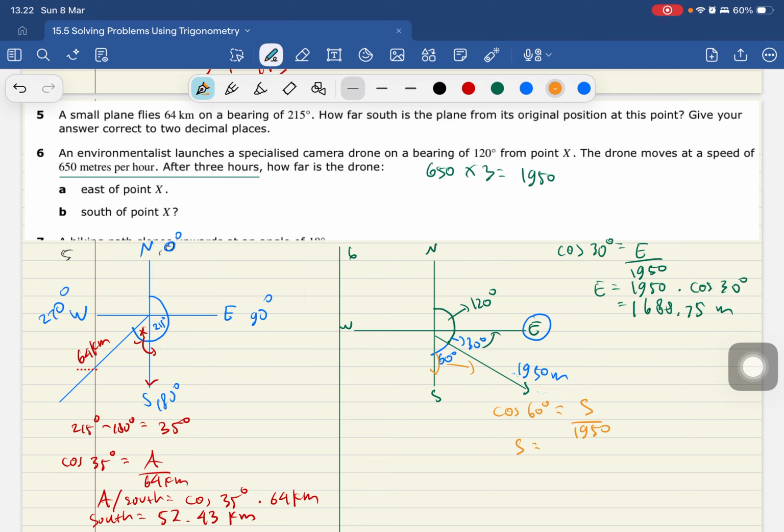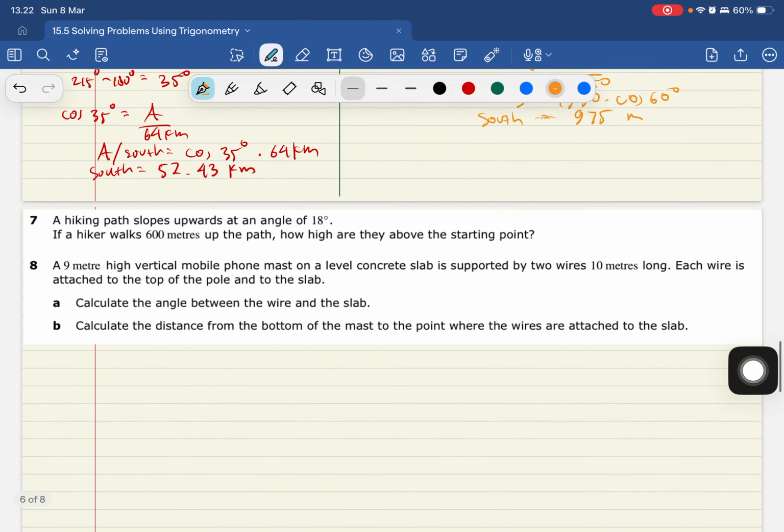So south is 1950 multiplied by cos 60 degrees, which gives 975 meters. Here is the east.